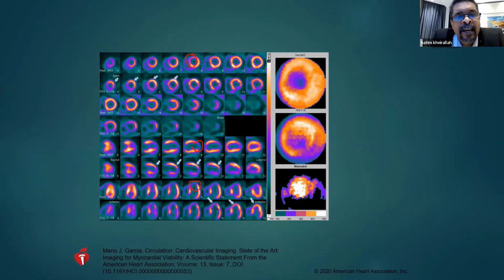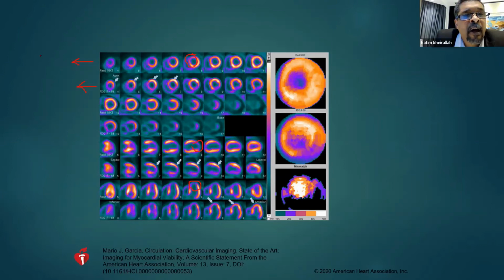Meaning that these areas are of low perfusion, but they are metabolically still active. So that indicates what? Viability. This is perfusion, and this is the metabolic scan. We call this a perfusion-metabolism mismatch, because we don't have perfusion, but we have metabolism.